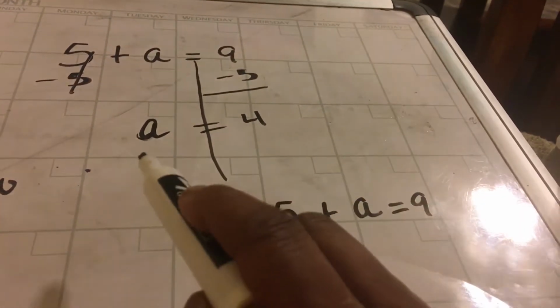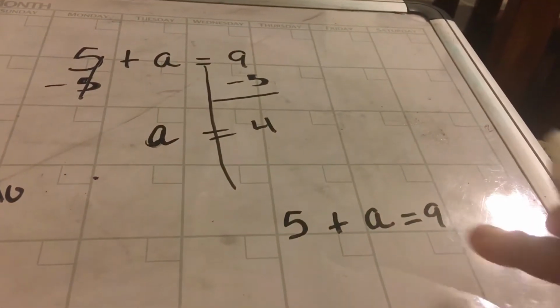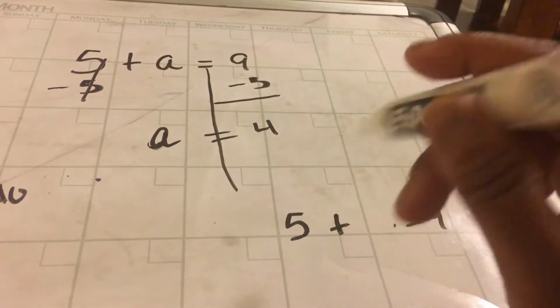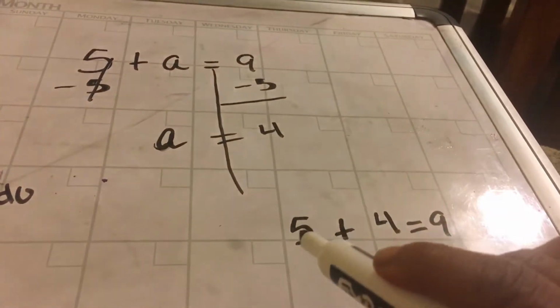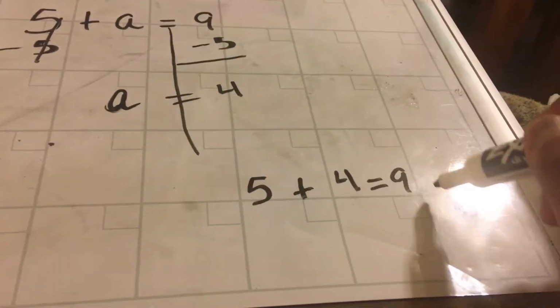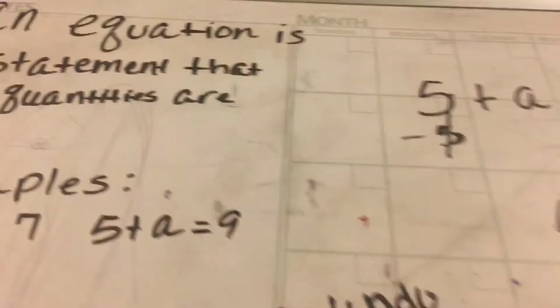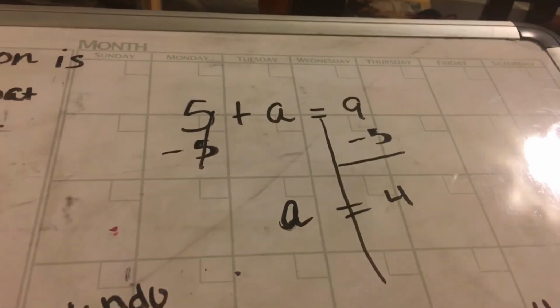But here we're saying a is equal to 4. I'm going to erase that a and I'm going to put the 4 there. Well, 5 plus 4 is equal to 9. That is true. So it's not going to be difficult at all solving for variables.